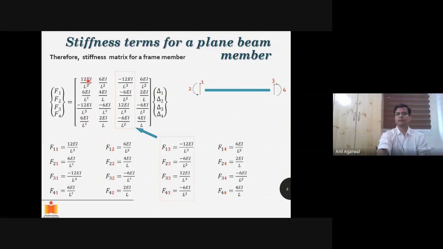Okay, so if you multiply this with delta 1, you will get F1. If you multiply this with delta 1, this with delta 1, you will get F2. You multiply this with delta 1, you get F3, and you multiply this with delta 1, you will get F4.